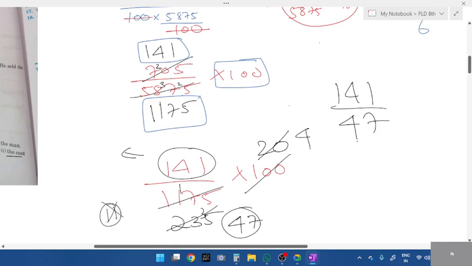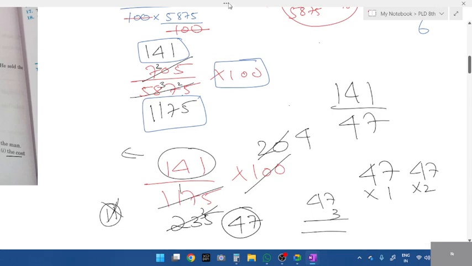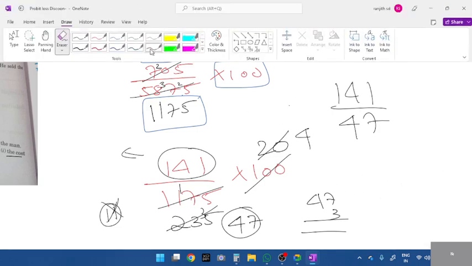So you can't cancel it by 3, students. Therefore, take 47 multiplied by 1. Take 47 multiplied by 2. Take 47 multiplied by 3. Are we getting 141?